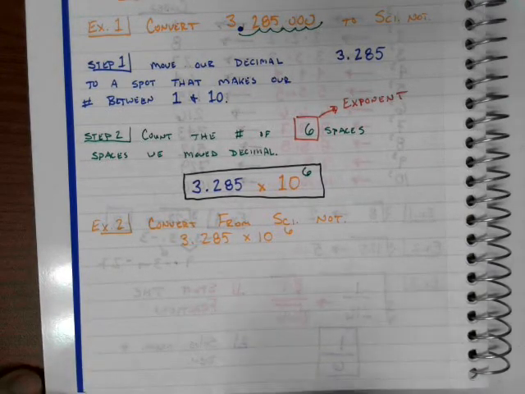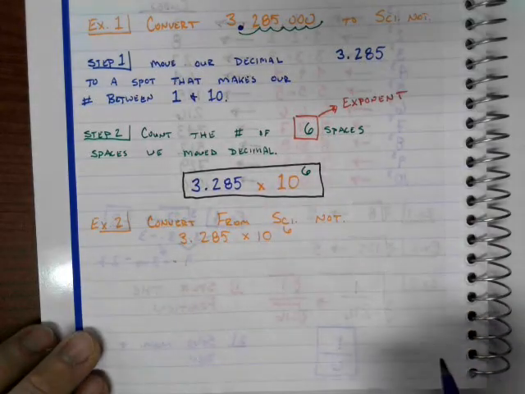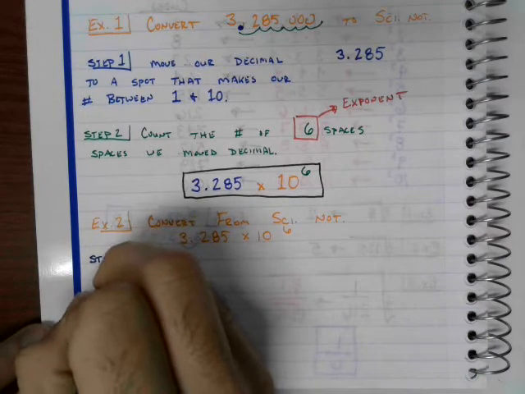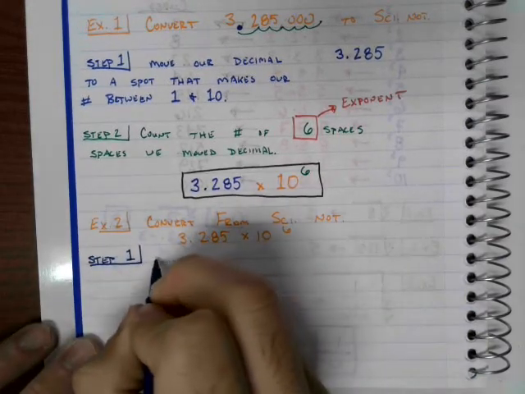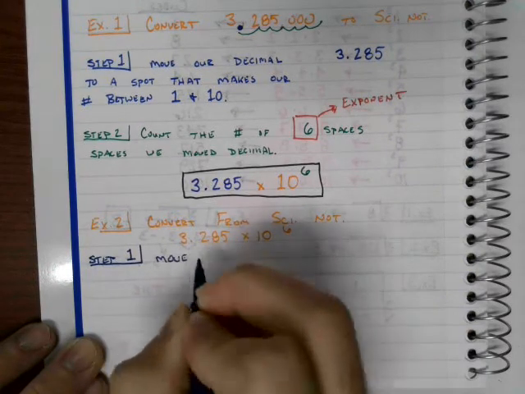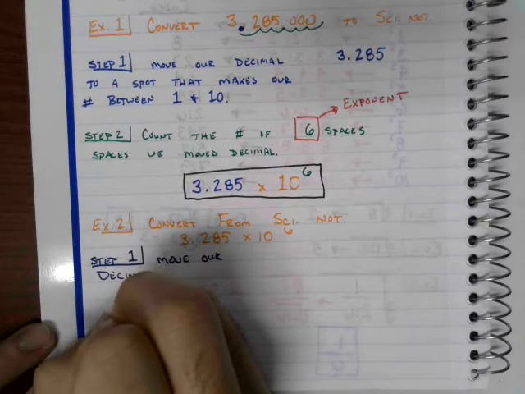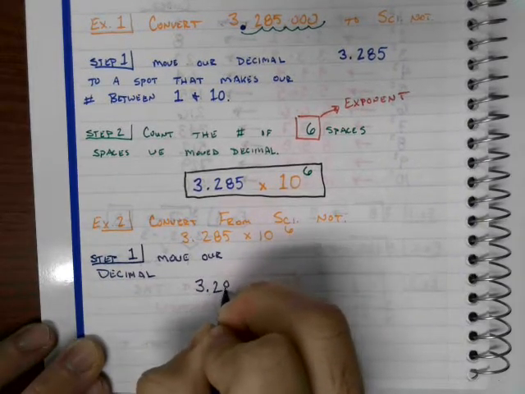So, some things to remember. Our first step, we're going to move our decimal. All right, so I have 3.285.